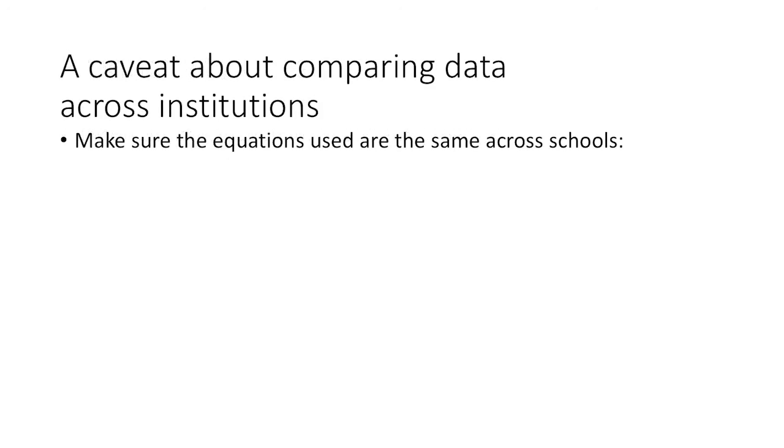One of the reasons I've gone into such technical detail in this lecture is because I wanted you to know that there is a common way of doing calculations, but not everybody does the calculations exactly the same way. And if you're trying to do productivity studies where you compare faculty productivity or student credit hour productivity across universities, you need to make sure that the calculations are the same.